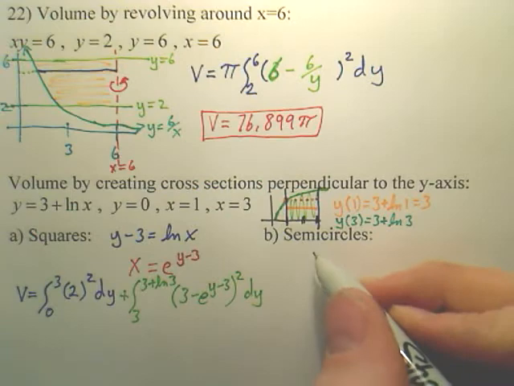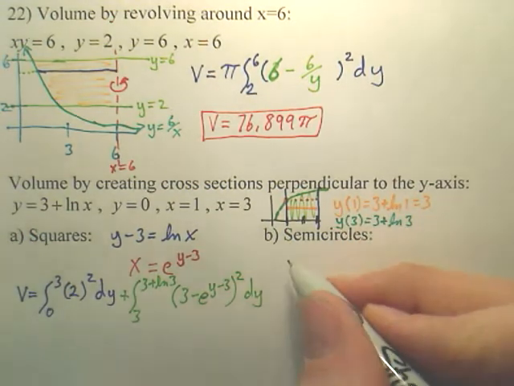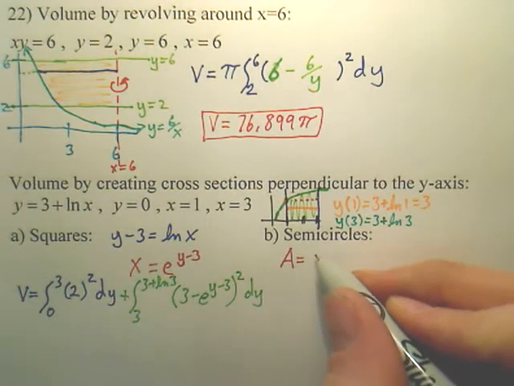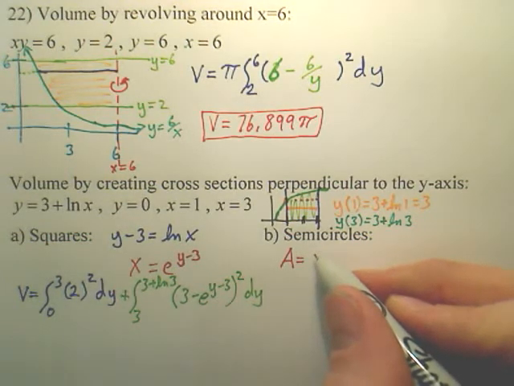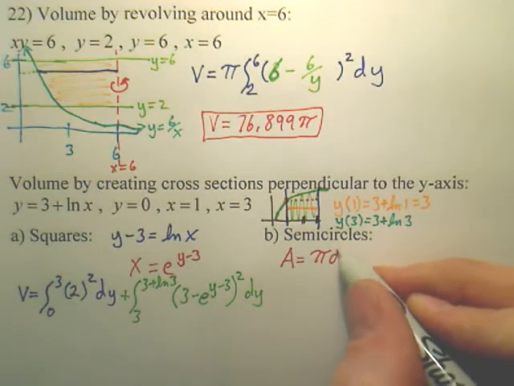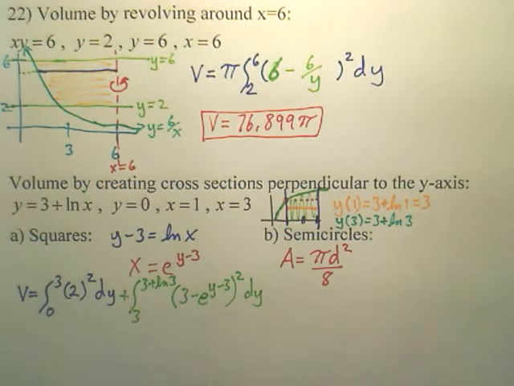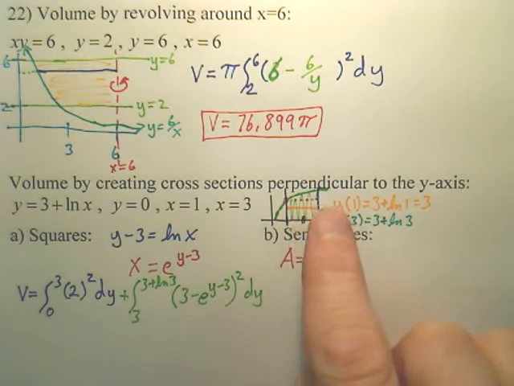Okay, now for semicircles, to find the area of a semicircle, we did it previously. The formula is area equals pi times diameter squared over 8. Because in order to do semicircle cross sections, these cross sections are diameters of a semicircle.